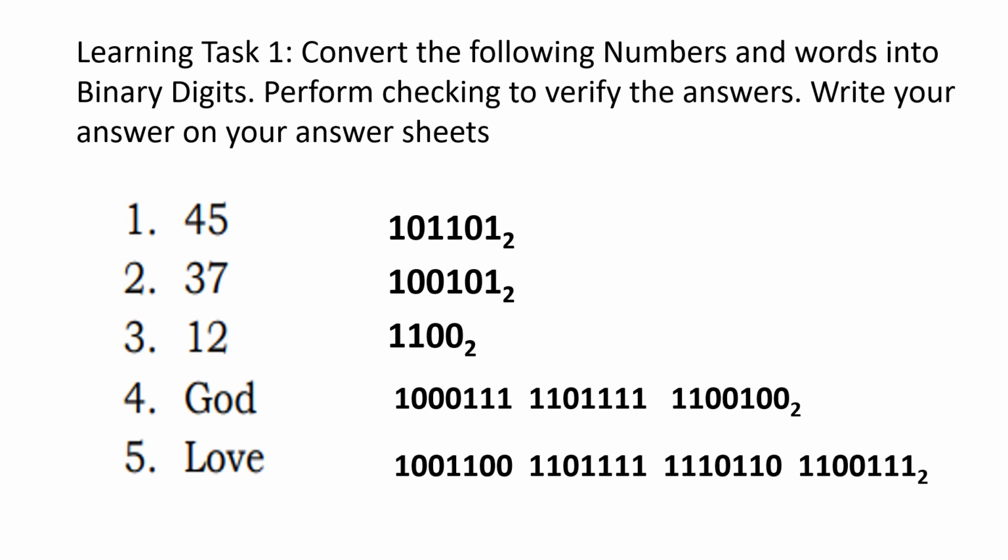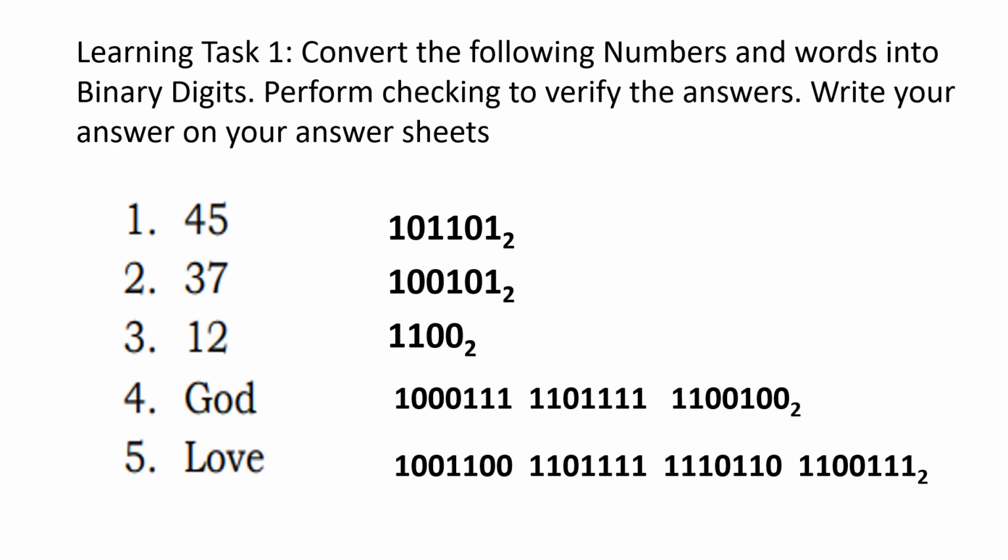Lowercase o, 1101111. Lowercase v, 1110110. Lowercase e, 1100101 base 2. Did you get it all correct?